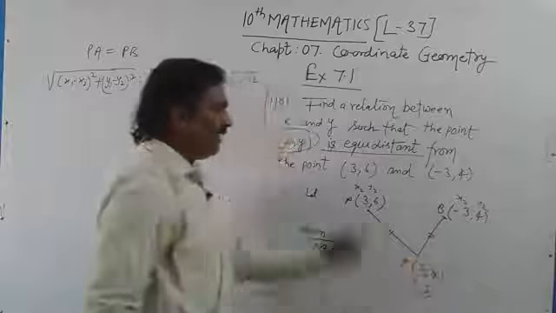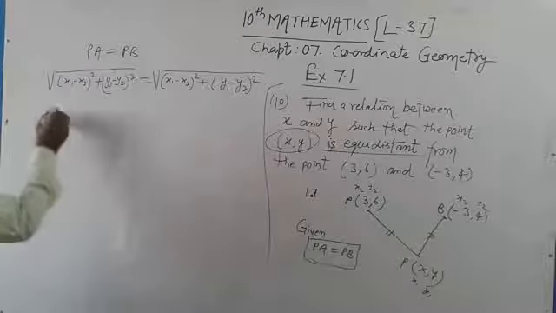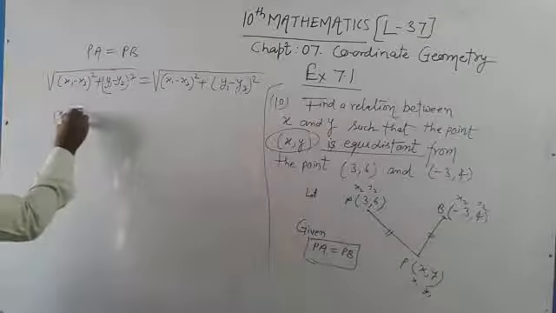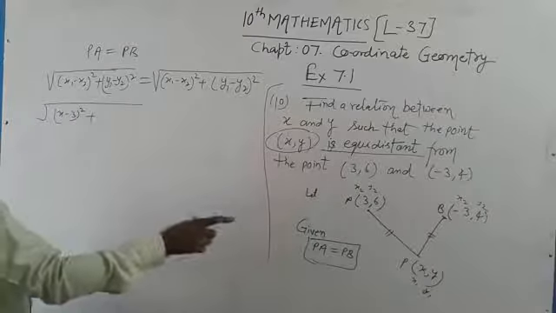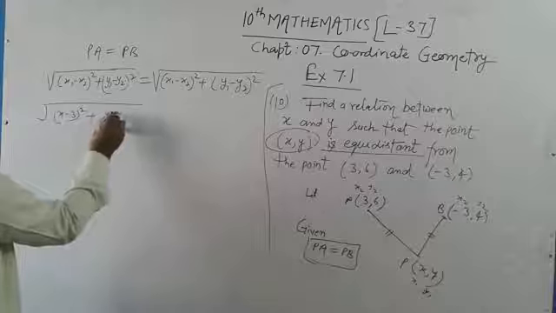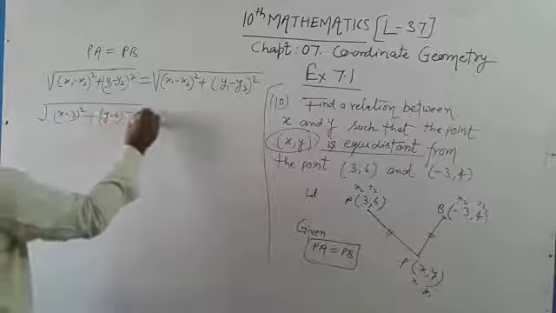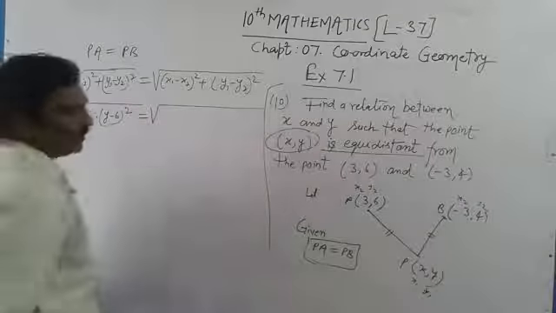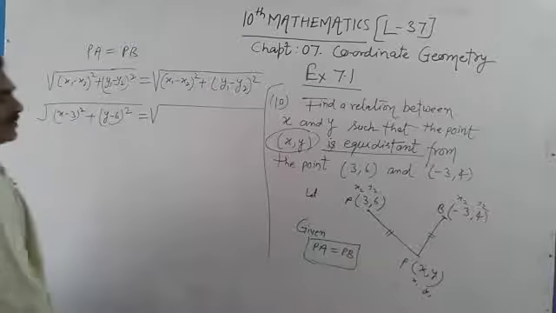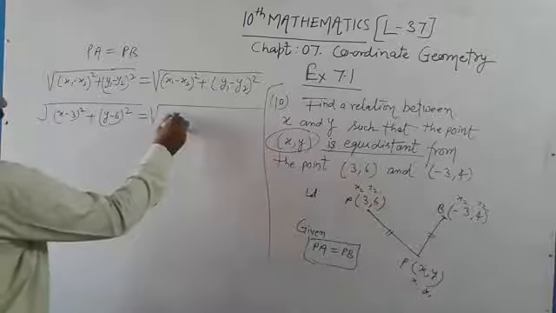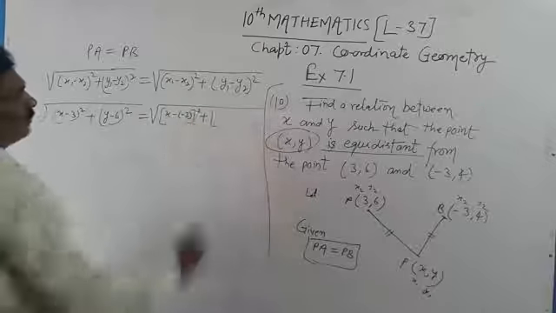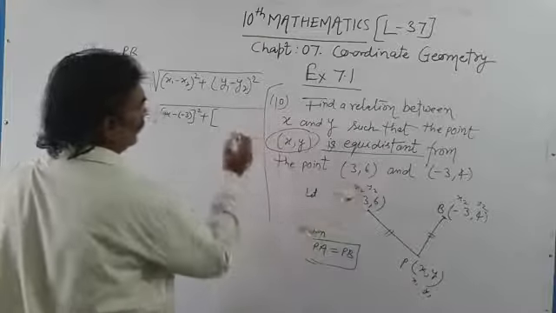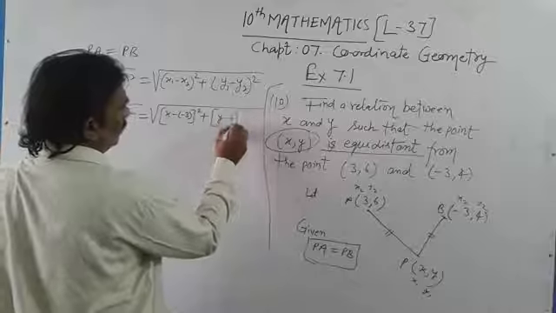So when we take PA, then (x minus 3) whole square plus (y1 minus y2), that is (y minus 6) whole square. Okay students, now this is equal to, now we take PB, (x plus 3) whole square plus (y1 minus y2), that is (y minus 4) whole square.